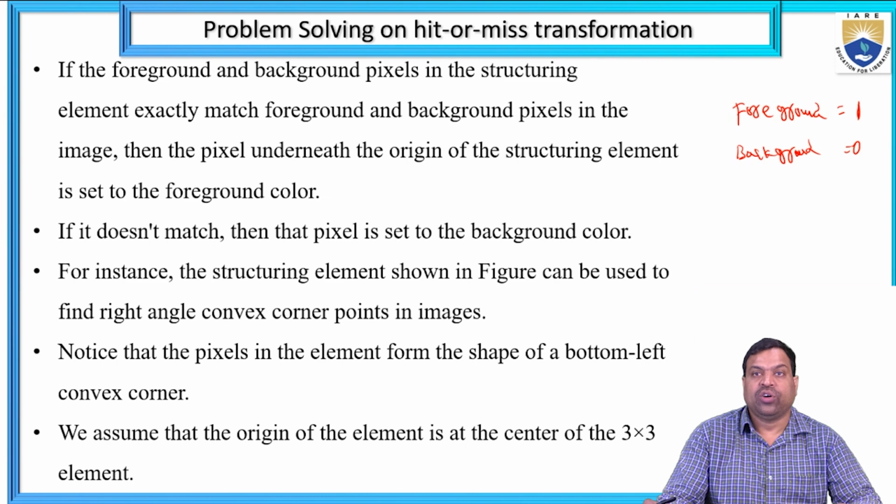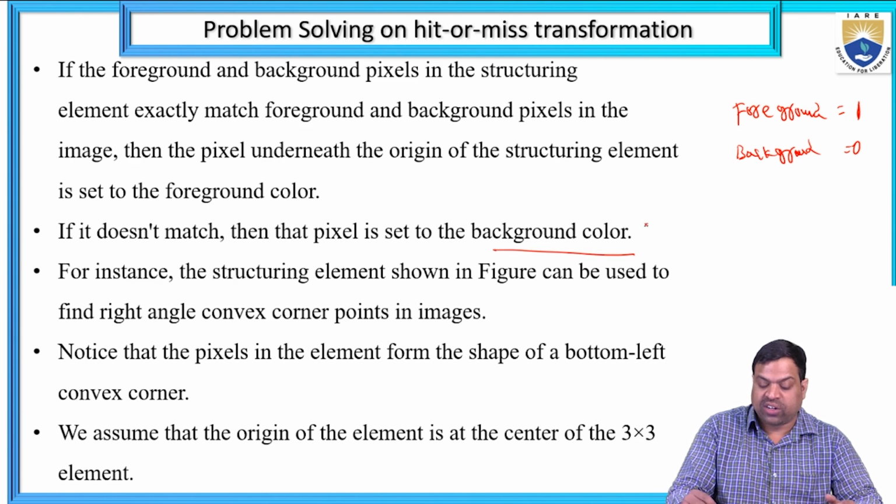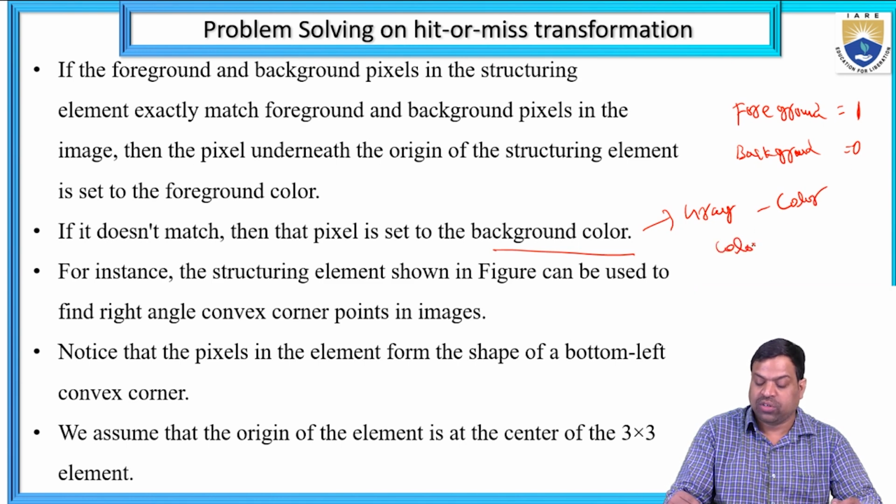So the foreground and background pixels in the structuring element exactly match foreground and background pixels in the image, and the pixel underneath the origin of the structuring element is set to the foreground pixel. If I don't want any match, you keep it blank, and the pixel is set to the background color. Suppose I want gray to color, you can keep it as gray to color or color to gray.